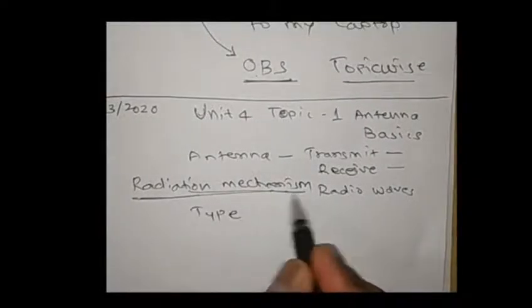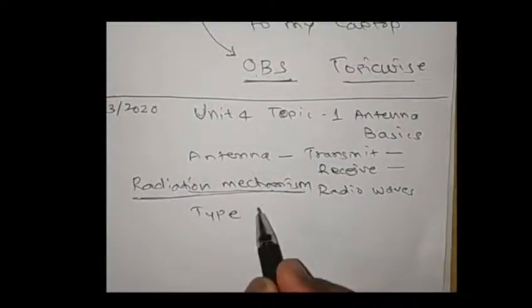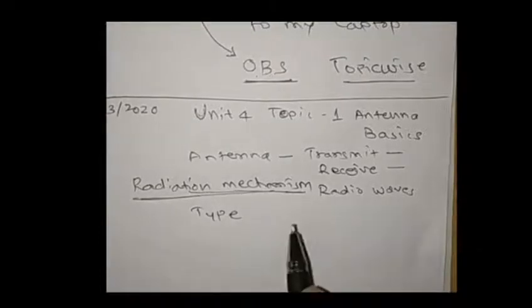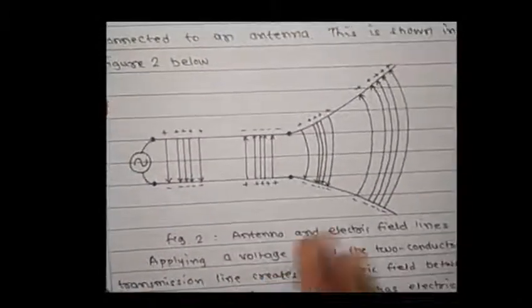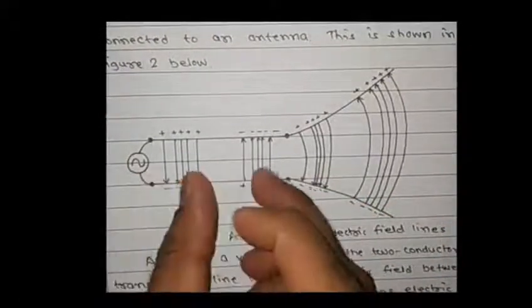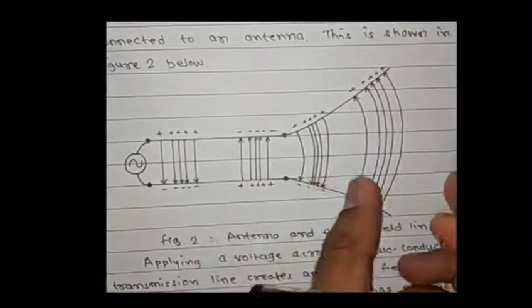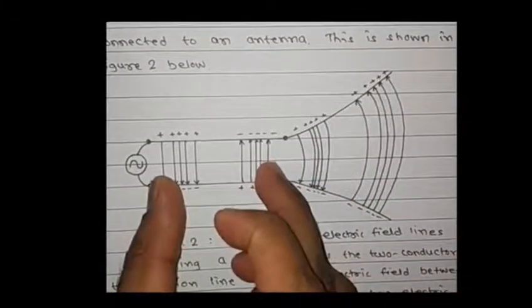These are the basic concepts in the mechanism of radiation of an antenna, but they do not tell us clearly how a guided electromagnetic wave gets converted into a free space wave and vice versa. In order to understand this, let's take an example of a voltage source connected to an antenna through a transmission line.